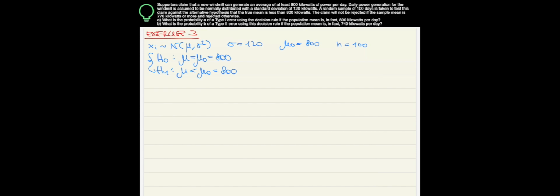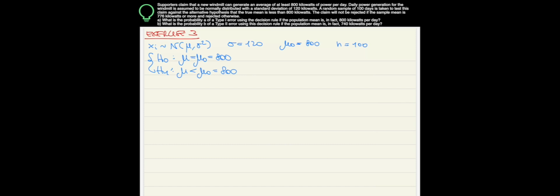The claim will not be rejected if the sample mean is 776 kilowatts or more, and rejected otherwise. So this time we are not given a certain confidence or significance. We don't have to come up with a rejection region. We don't have to come up with a p-value, but we are given the rejection region.